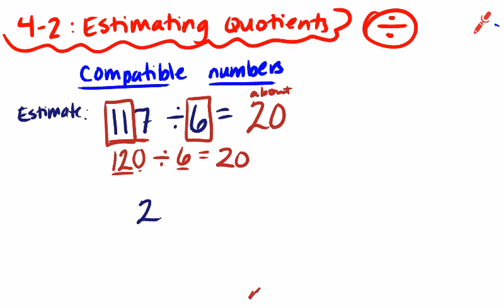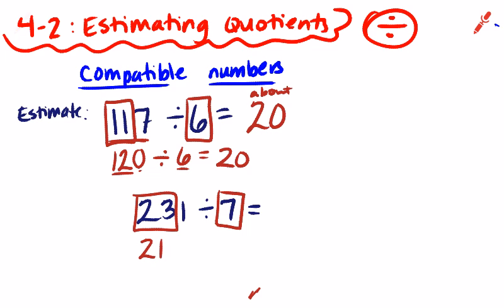Say you have 231 divided by 7. Again, you're going to do the same thing. You're going to look at part of each number. We've got 23 and we've got 7. What number closest to 23 can evenly be divided by 7? I think probably 21 is the closest.